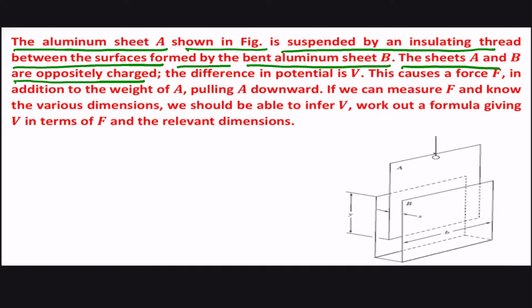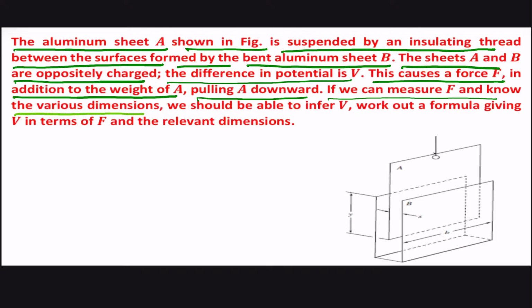The difference in the potential is V. This causes a force F in addition to the weight of A, pulling A downward. If we can measure the force F and know the various dimensions, we should be able to infer V. Work out a formula giving V in terms of F and other relevant dimensions.